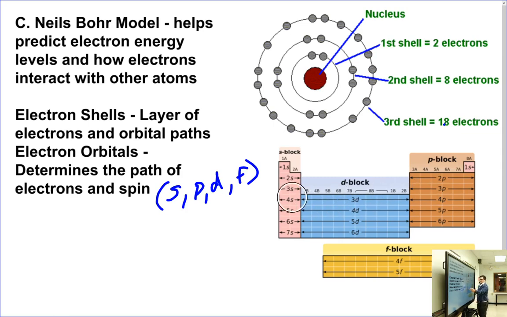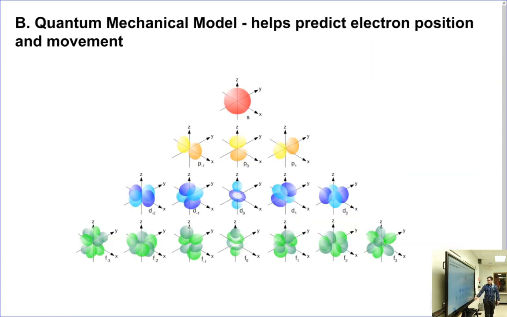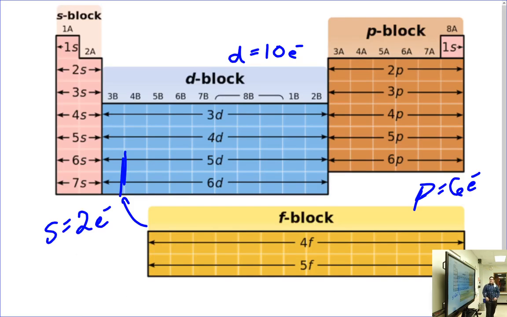According to this, I'll go back a little bit, that way we can see this a little bit bigger. The shell is the number out in front. The third shell holds a maximum number of 18 electrons. Where does that 18 come from? We have 2 right here, 1, 2.